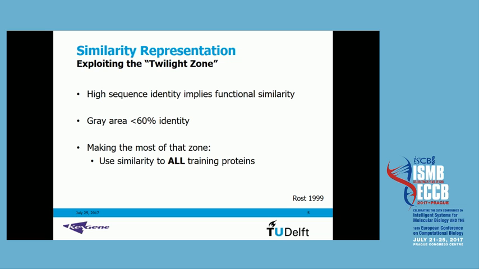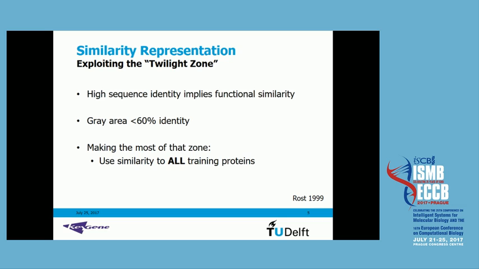If I have two proteins with high sequence identity, then it's usually easy to infer that they also share the same function, and BLAST is very good at identifying these cases. But it gets more difficult as the identity goes down, what has also been called the gray area of identity, where sometimes proteins with low sequence identity share functions, sometimes they do not.